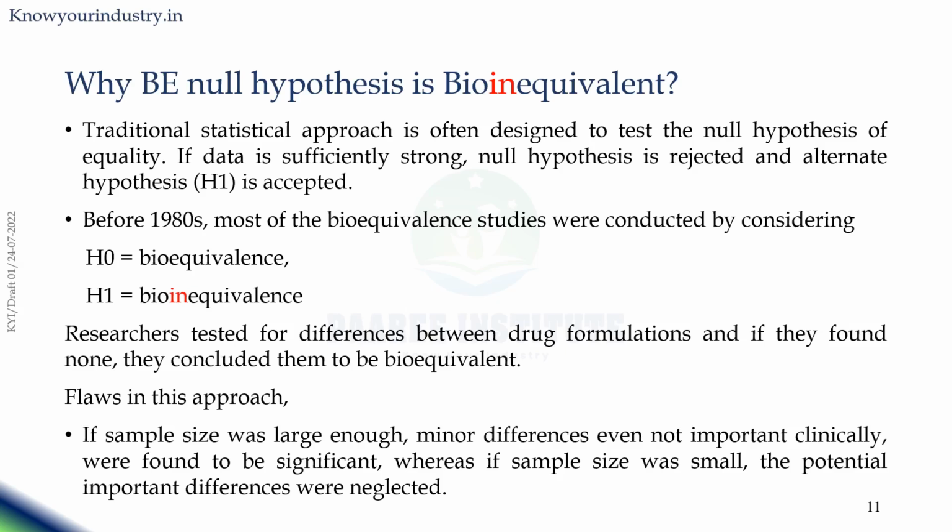Researchers tested for differences between drug formulations, and if they found none, they concluded them to be bioequivalent. What are the flaws in this approach? If your sample sizes are large enough, minor differences, even those not important clinically, were found to be significant. Whereas if the sample size was small, potentially important differences were neglected.